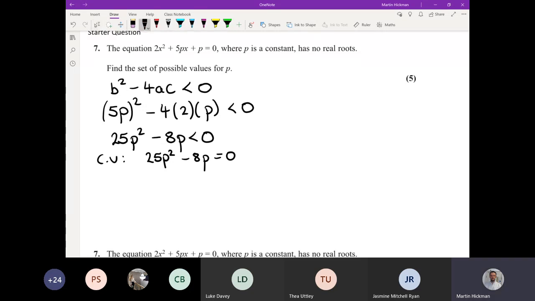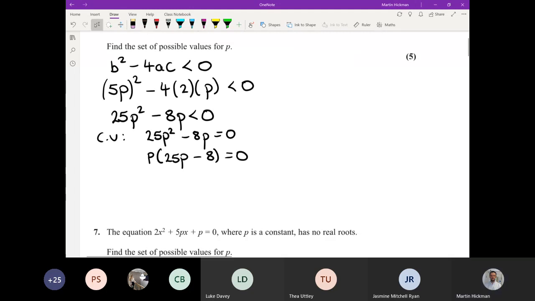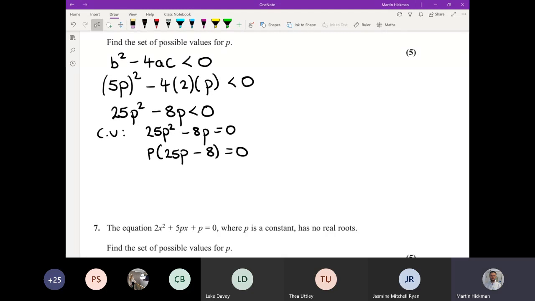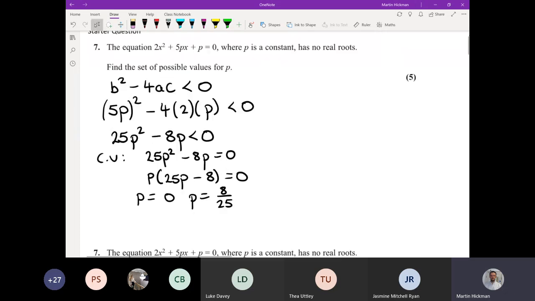Now this isn't a quadratic that goes into two brackets. With this quadratic, I simply take out p as a common factor, as so. And then I can see my critical values are going to be p equals 0 and p equals 8 over 25.